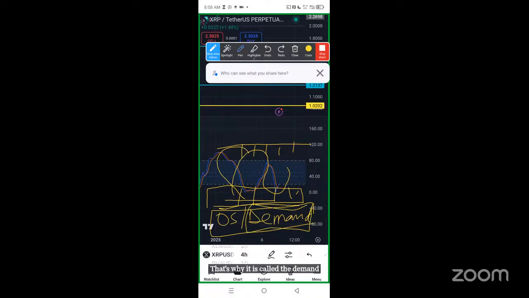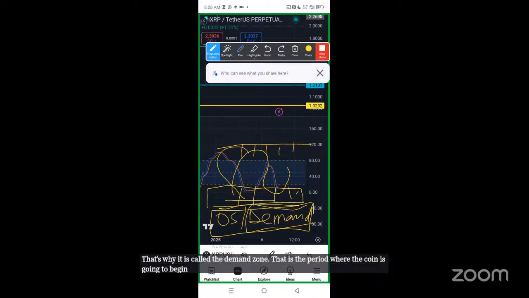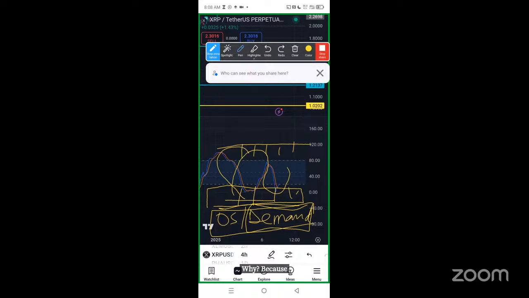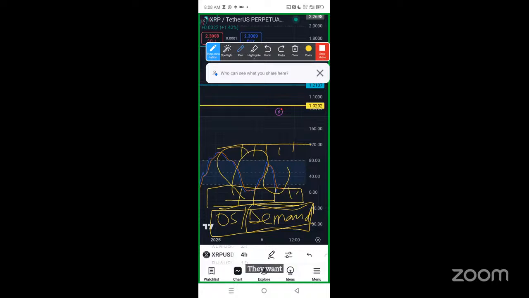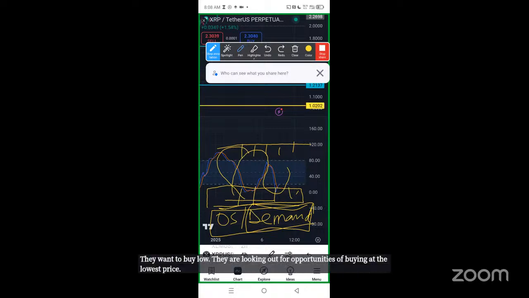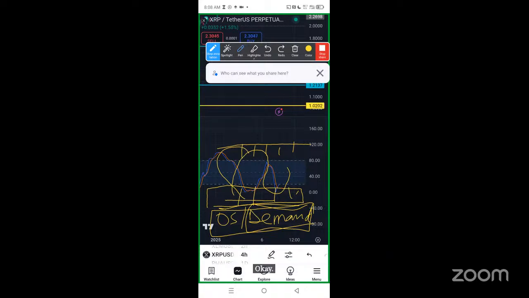That is the period where the coin is going to begin being in high demand. Why? Because the real reason behind the mind of every trader is that they want to buy at a cheaper price. They want to buy low. They are looking out for opportunities of buying at the lowest price, so that by the time the price begins rising, they are riding in profit.